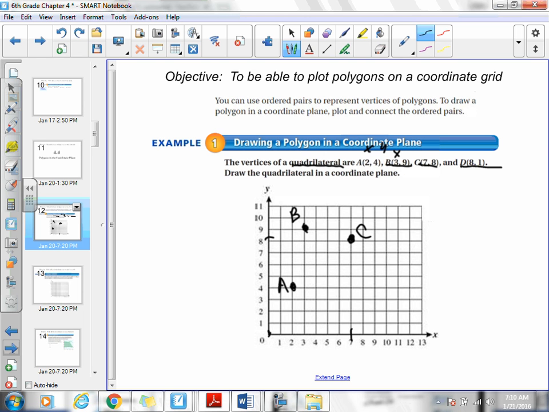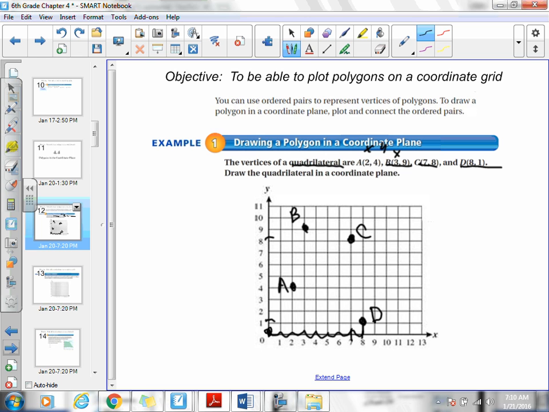Last ordered pair is D, which is located at 8 on the x-axis, so I'm going to find 8 on the x-axis, and 1 on the y-axis, which is over here. So where those 2 meet up is D. Or you could say start at the origin, go over 8, and then up 1.